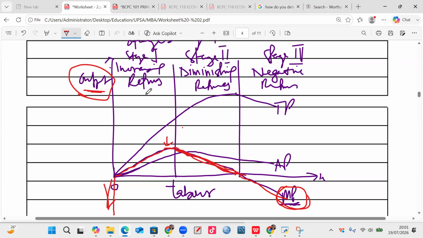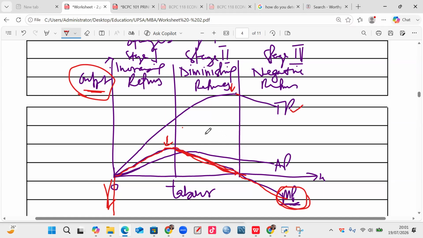In the first stage, all the 3 curves are increasing. The 3 curves are total product, marginal product, and average product. But marginal product reaches maximum and begins to decrease. In the second stage, the total product continues to increase, reaches maximum, the turning point, and begins to decrease. So I'll finish with the total product.